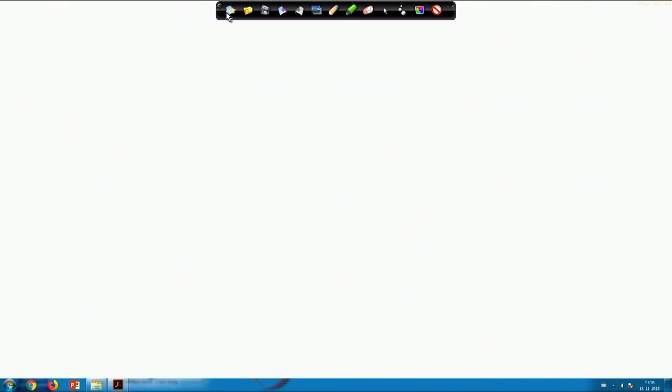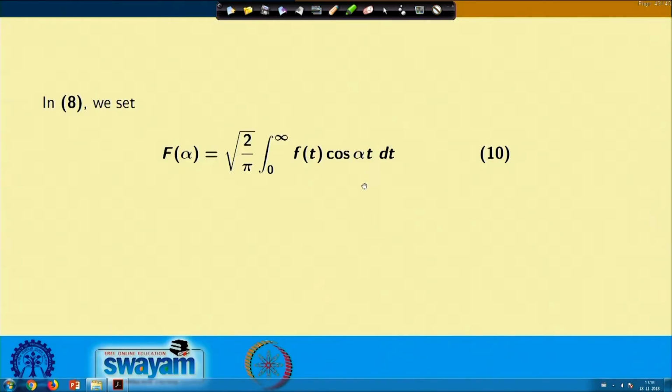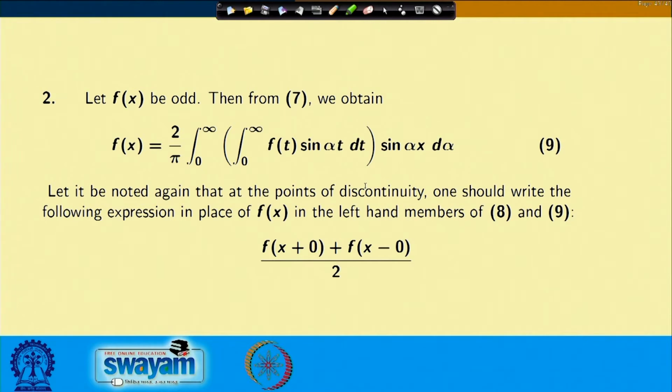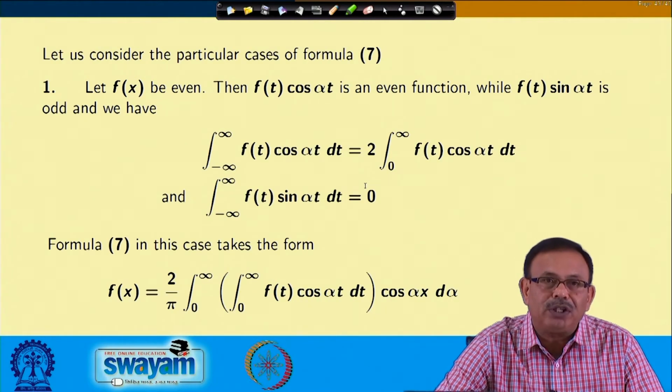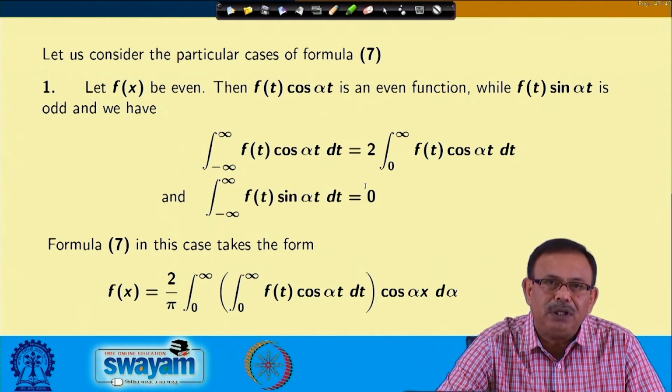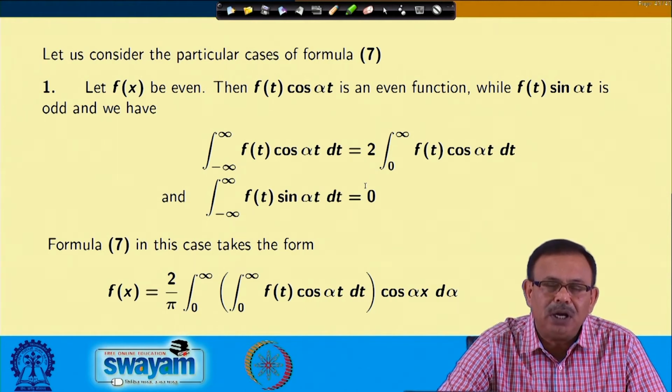So, let me go back to the slides and tell you this. Equation 8 was f(x) equals 2 by pi, integral from 0 to infinity of f(t) cos(alpha t) dt, into cos(alpha x) d alpha.